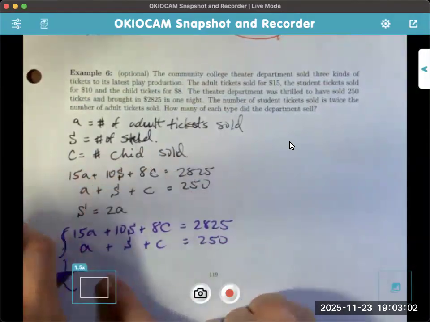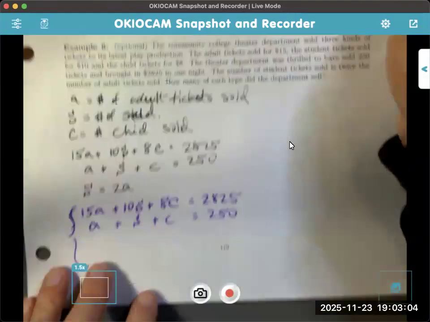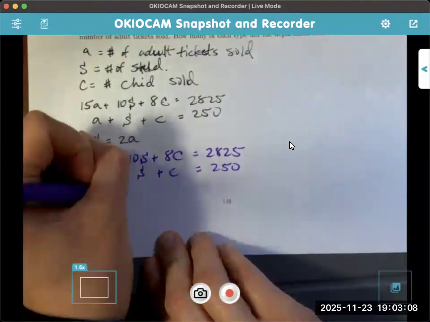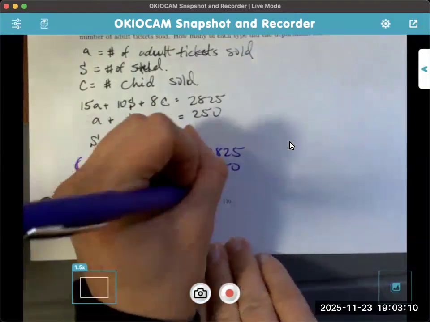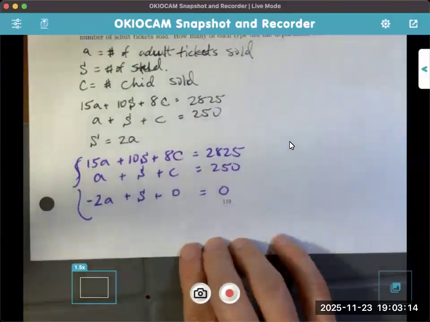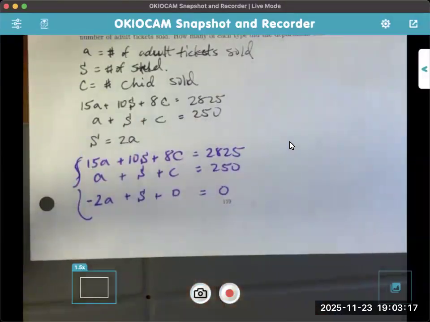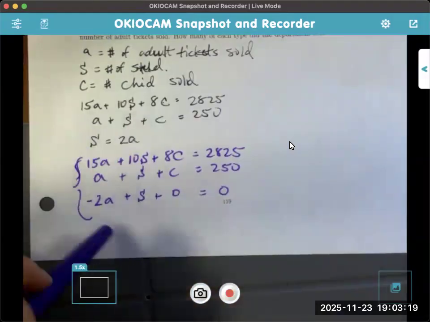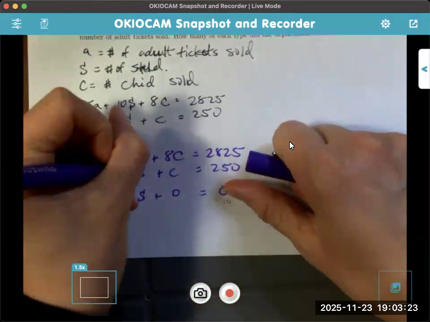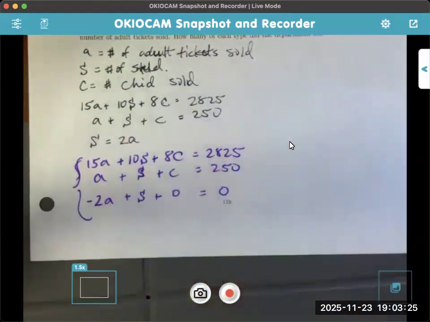And then last, we're going to set that last one to 0. Let me scooch the page. So a negative 2A plus S. You can say plus 0C if you want, but you don't have to. Equals 0. And then you'll use what we learned from the 3 by 3 section to solve this, right? Basically, you're just doing substitution. Okay, and that is all of 28.